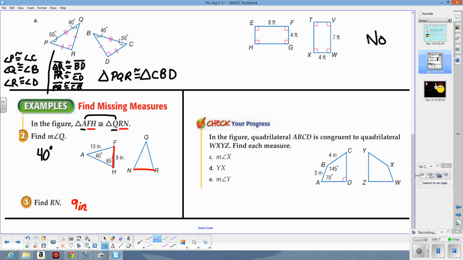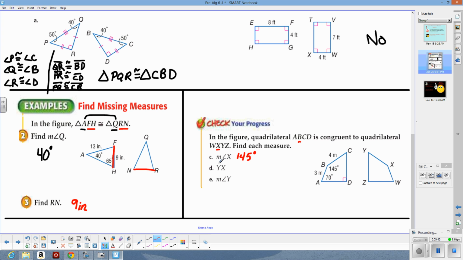Find each measure. So we're going to find the measurement of angle X. Well, angle X matches up with B because they're both in the second position in the congruence statement. So if B is 145 degrees, angle X is also 145 degrees.